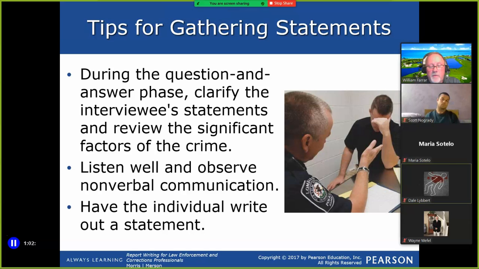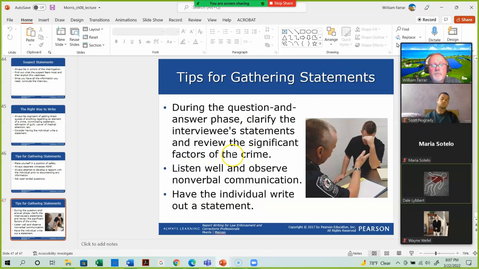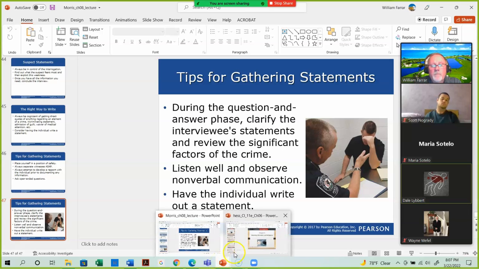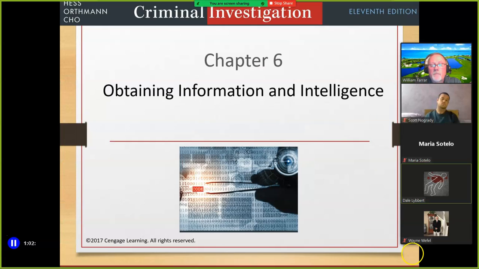Yes, question I see. Okay, so I understand that during an interview, you would generally not have to put yourself in a position of safety to be afraid of the witness. But what happens if you're getting a witness statement and the witness turns into your suspect? How do you proceed then? Well, and that's why you really want to always make sure that you are in a position of safety.